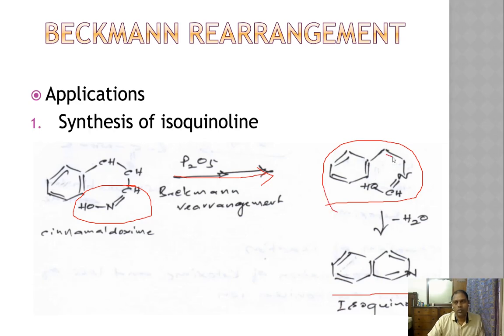It should be a double bond over here. From here, one molecule of water is removed, and you're going to get isoquinoline. Isoquinoline, you have come across in uses: isoquinoline is the ring that is in papaverine and emetine, those two structures.